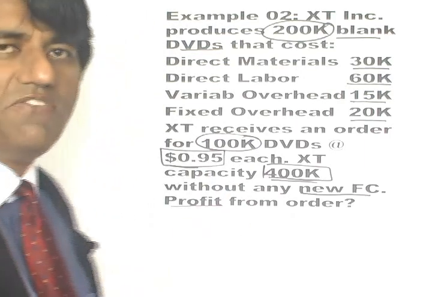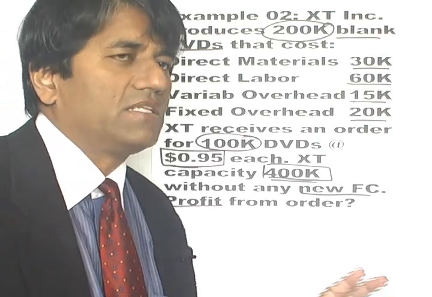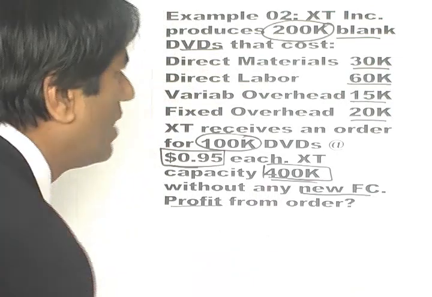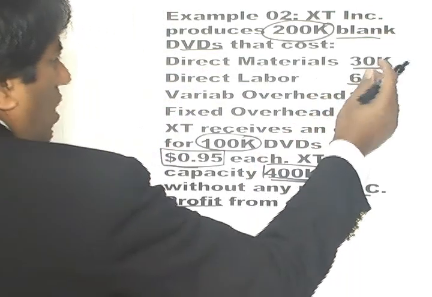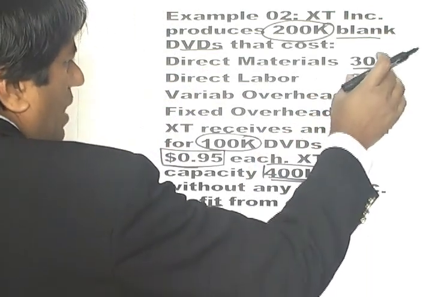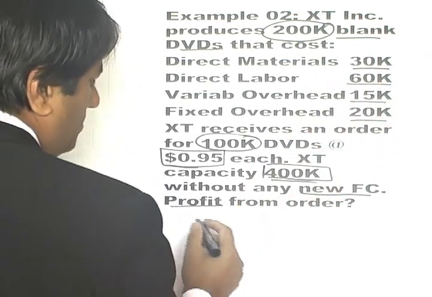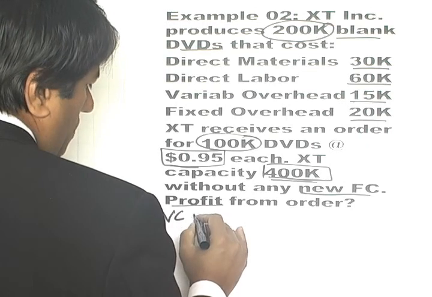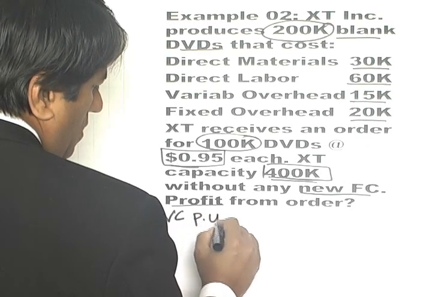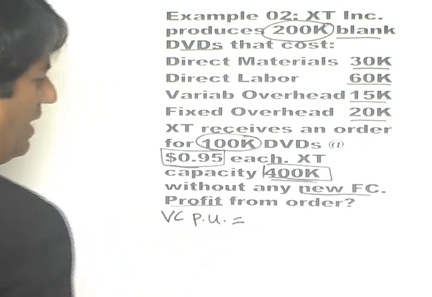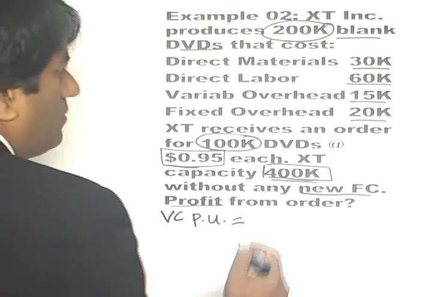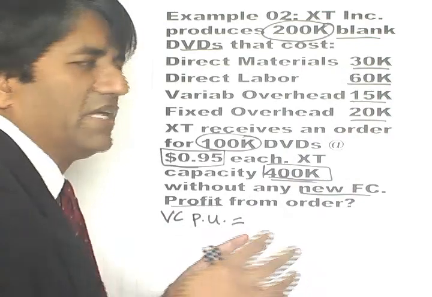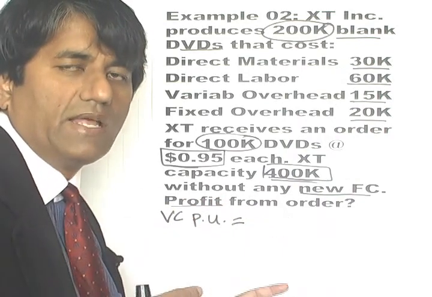Well, to do it, we first start by looking at the per unit variable cost. That's the first thing we want to calculate. Now the variable cost per unit will equal, so you get that from the existing product cost data that you have.